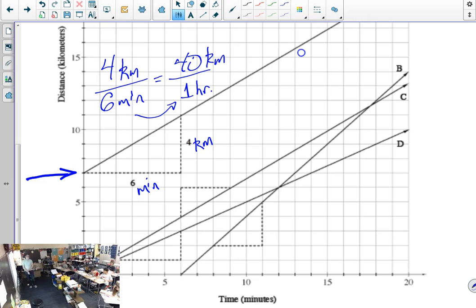Because times 10. Sorry, not times 60, times 10. To get to 60, because this is actually 60.